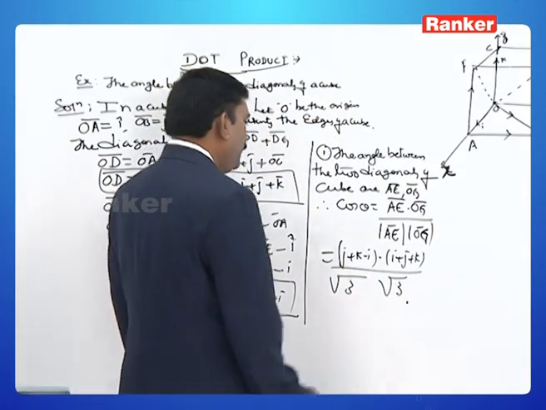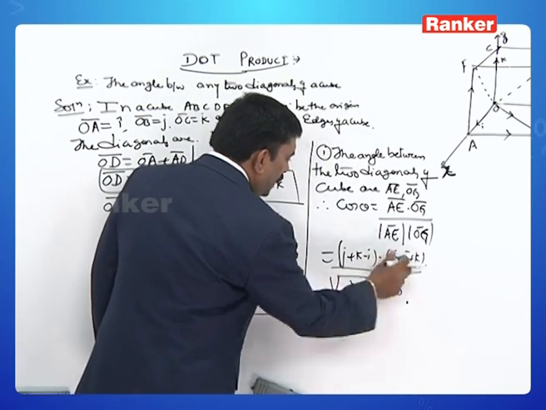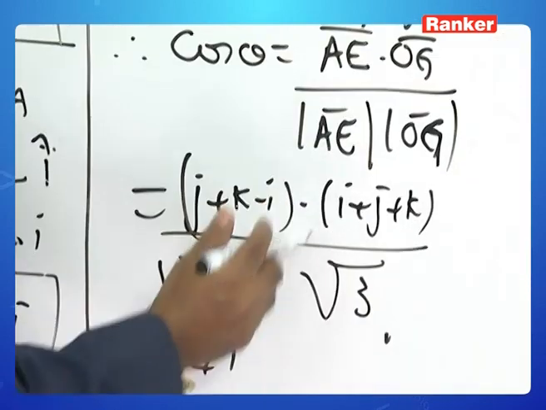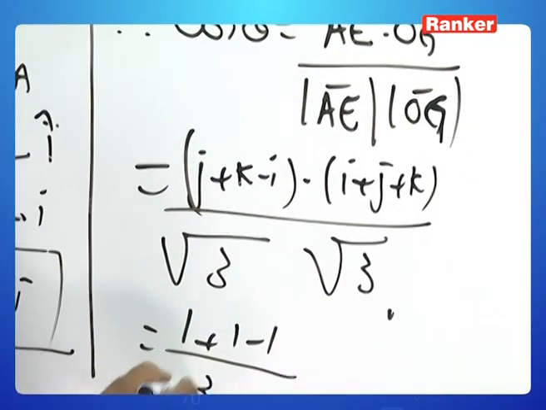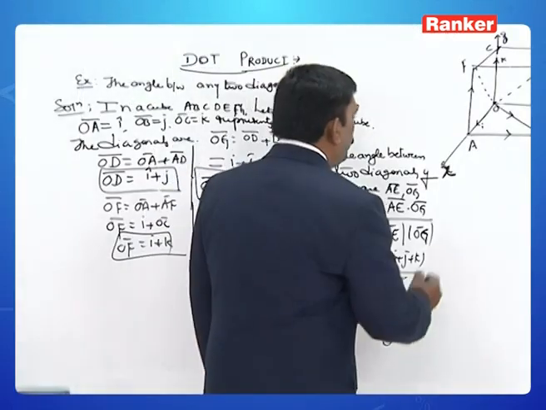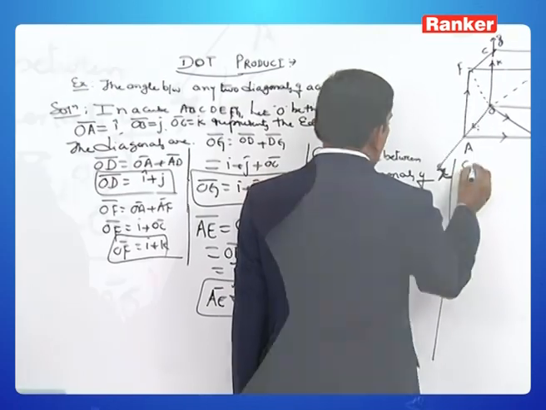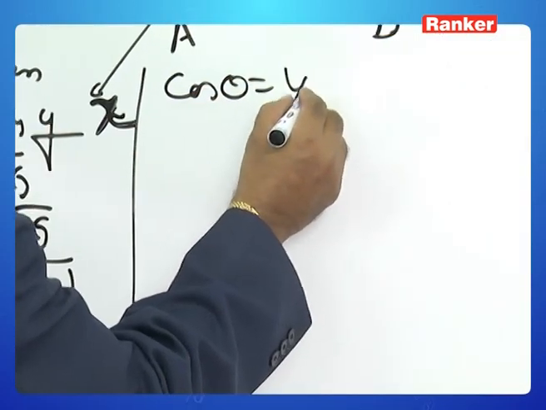So therefore, take the dot product. This becomes J dot J is 1, K dot K is 1, I dot I is minus 1, over 3. This and this cancel, leaving 1 by 3. So you can very well observe cos theta is equal to 1 by 3.